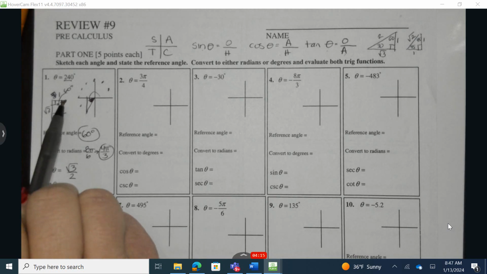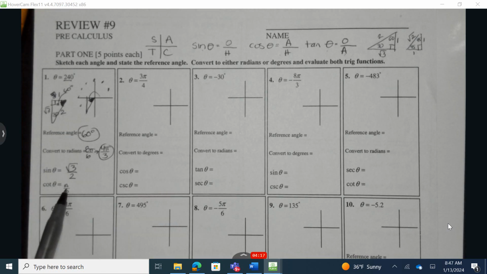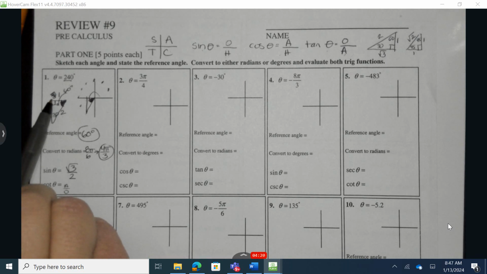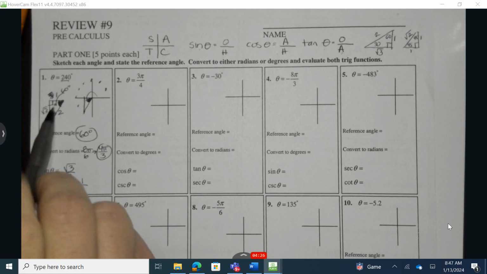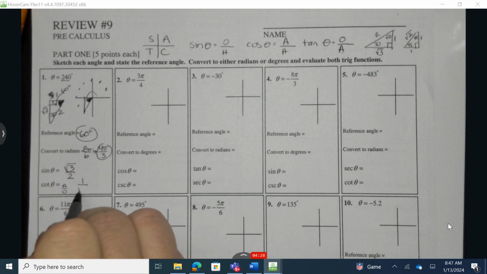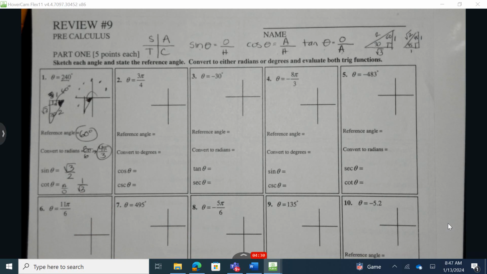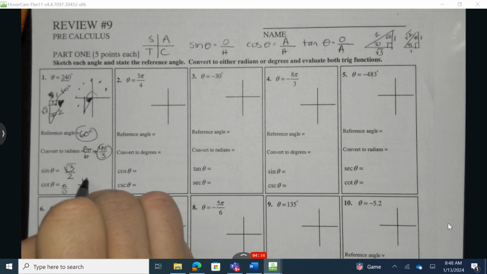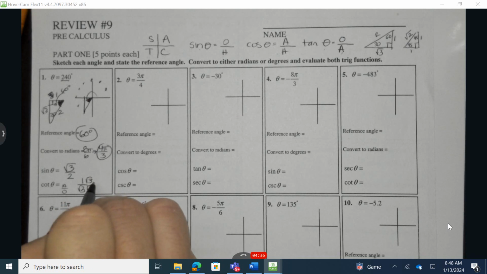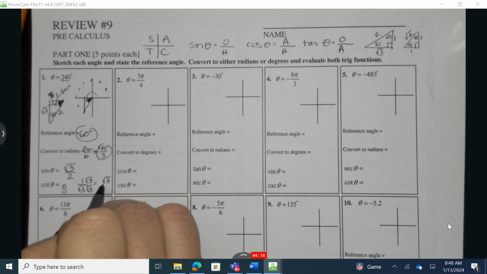From this angle, the adjacent side is the side that helps create this angle, but it can never be the hypotenuse. So 1 is on top, and the opposite is radical 3. Now, this is not mathematically wrong, but it's not in proper form, so I do need to rewrite it. Multiply by radical 3, and I get radical 3 over 3.